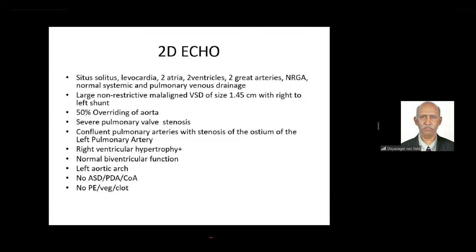You need to identify the high risk subset where the risk of surgery will be high. For example, if there is severe hypoplasia of the pulmonary annulus, then what is your criteria to say hypoplasia of the annulus and hypoplasia of the pulmonary arteries?